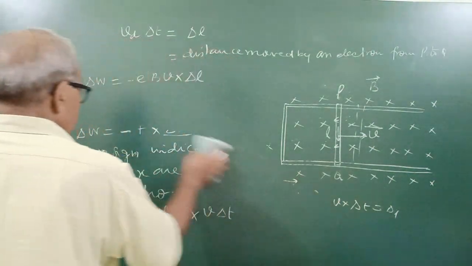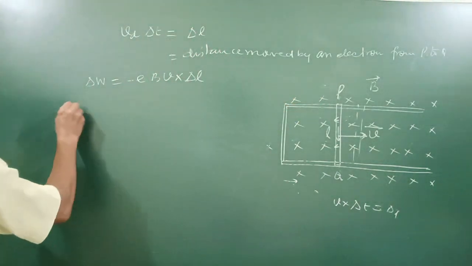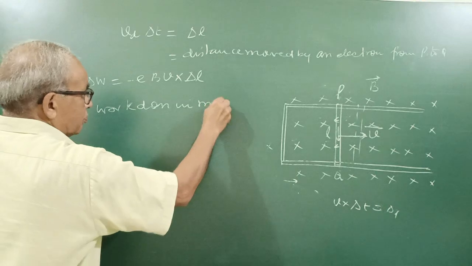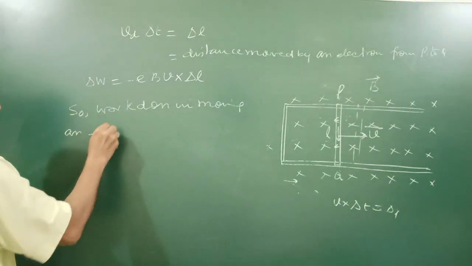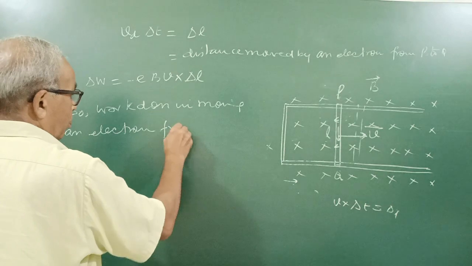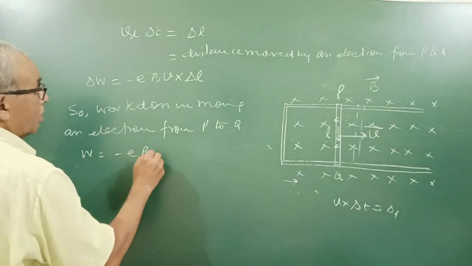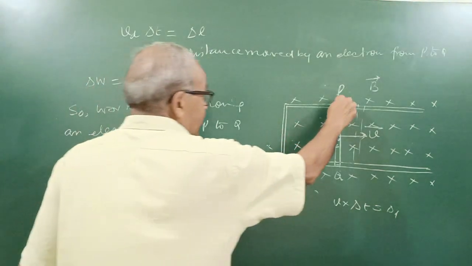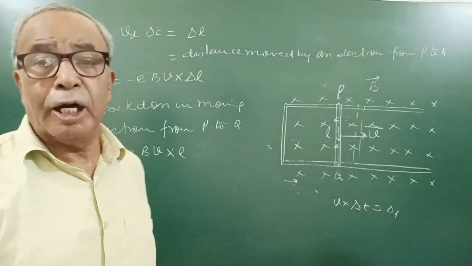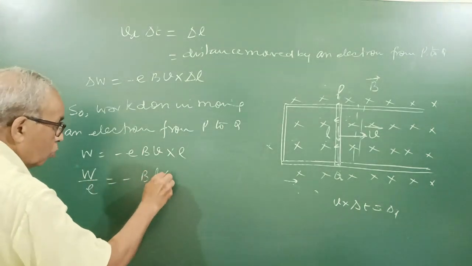And here, if the electron is carried from P to Q, the work done in moving an electron from P to Q is W equal to minus E B V into L, total length L. So this is the work done in carrying charge E, the charge of an electron, or W upon E equal to minus B L into V, you can write like this.